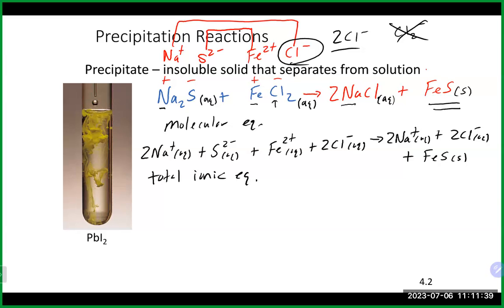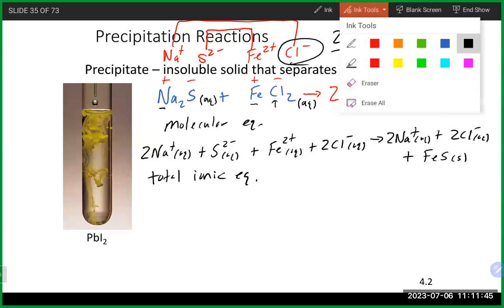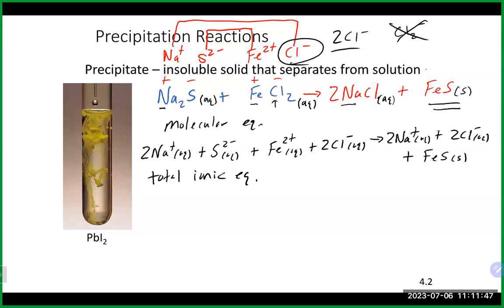Any questions on that? From your total ionic equation, you can identify your spectator ions. In this case, it is the 2 sodiums on both sides of the arrow, and also our 2 chlorides. They are exactly the same on both sides. So those are our spectator ions.